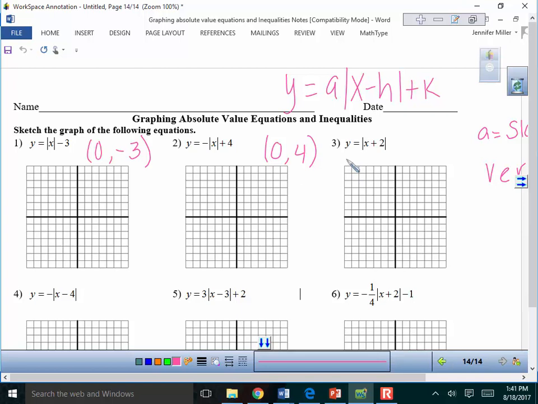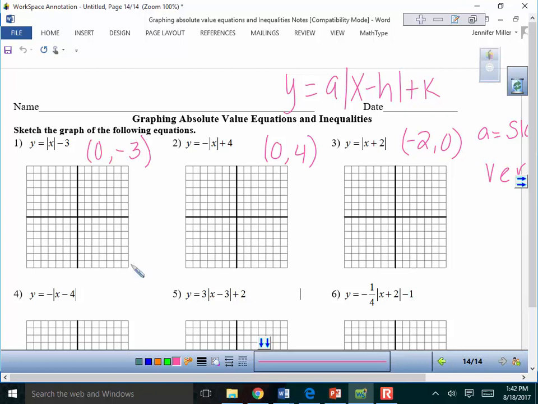This is number 3 right here. The h goes first, and remember it's the opposite, so it's -20, right? Good. If you think of it this way, h is just the opposite of what's inside the absolute value signs.